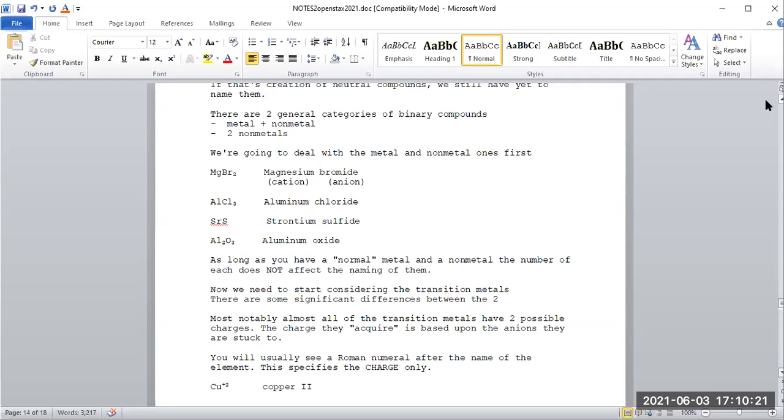So magnesium bromide, you cannot call it dibromide. You cannot call it 2-bromide. You cannot call it bromide 2. There are only 2 words to the name of this molecule: magnesium and bromide. The knowledge that there are 2 atoms of bromide in this molecule is supposed to be implied knowledge.